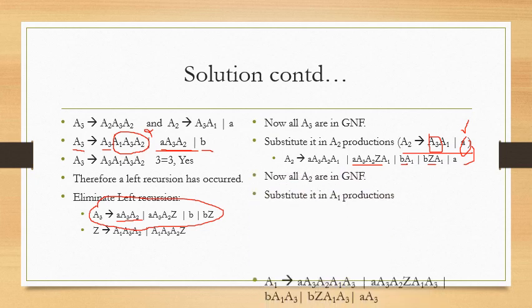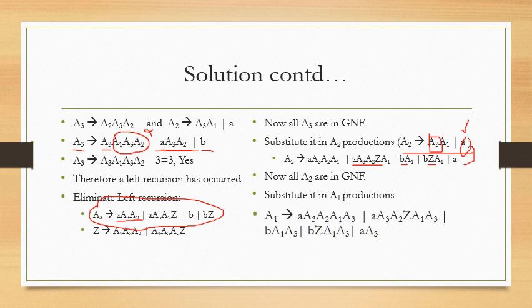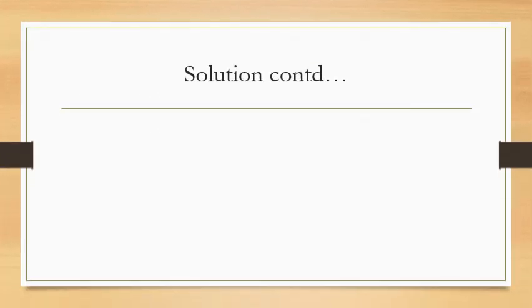This A2 must be substituted in A1. After substituting in A1, the same process of substitutions, you will get this result. Now since all the productions are in GNF for A3, A2 and A1, the only non-terminal which is not yet changed to GNF is the Z productions.